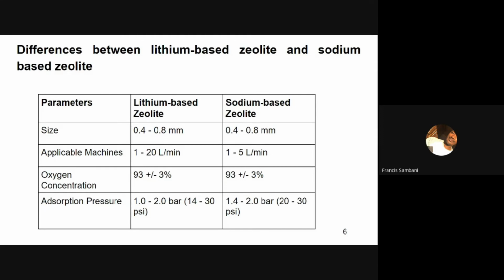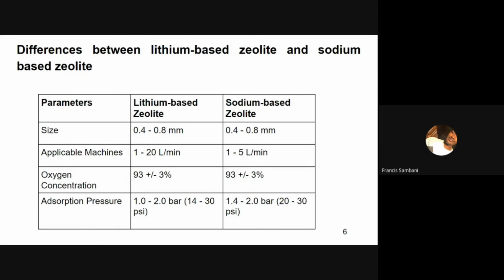For the lithium-based zeolite, adsorption happens within 14 to 30 psi or 1 to 2 bars. And for the sodium-based zeolite, it happens between 20 to 30 psi, and that is 1.4 to 2 bar. So those are the differences between them.